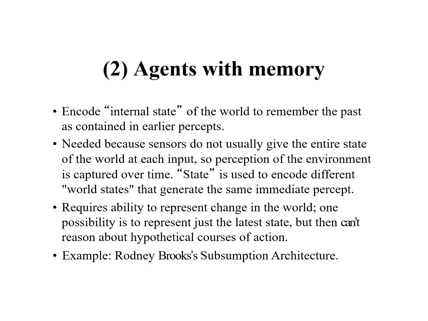So the perception of the environment is captured over time, and the state is used to encode different world states that generate the same immediate percepts. It must have the ability to represent change in the world.